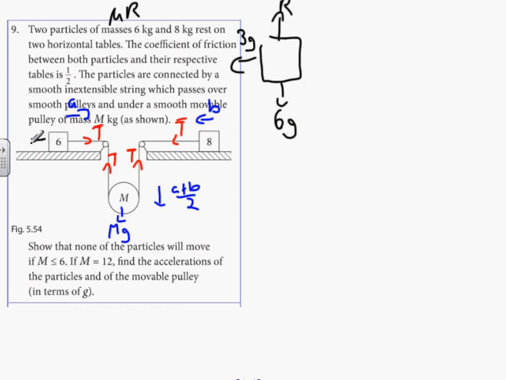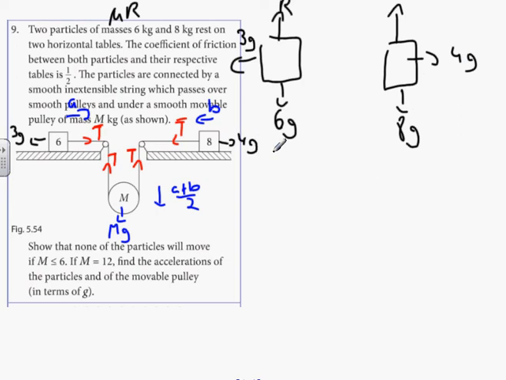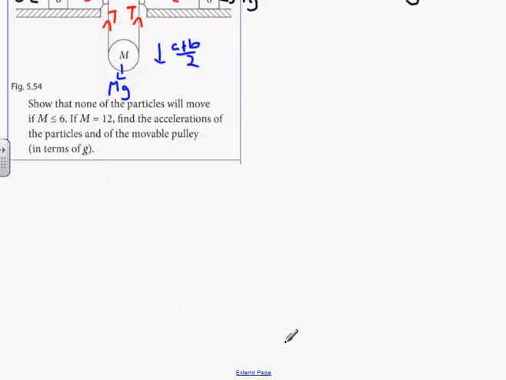And what would that make the other one? The other one has 8g weight going downwards, and that will mean 4g to the right for the friction. Always opposing motion, okay?